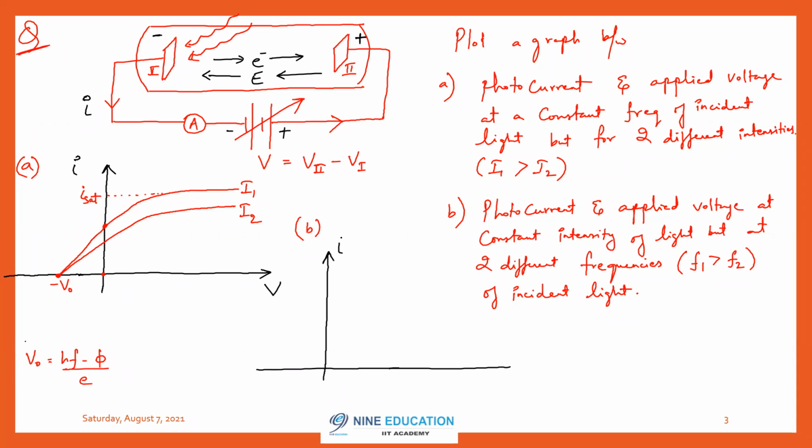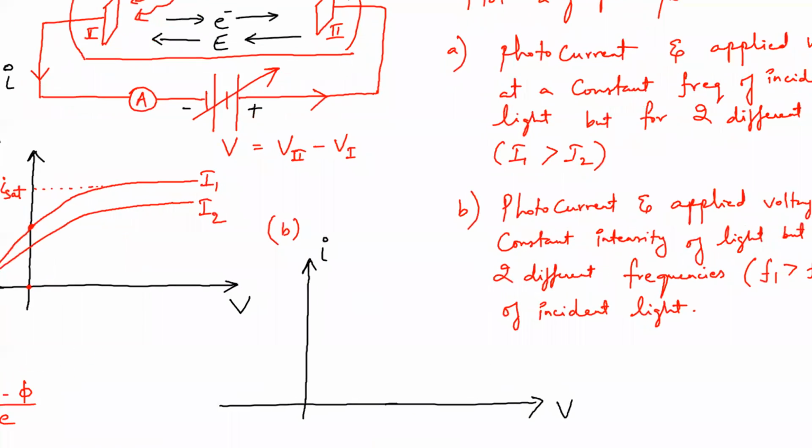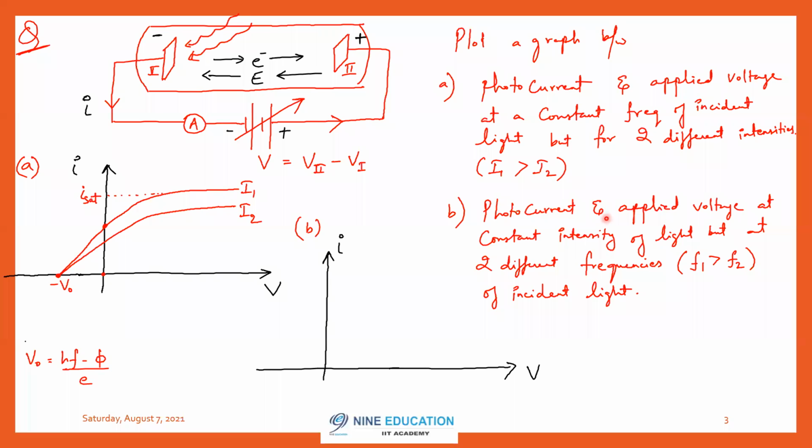Yes, this is photocurrent I and this is applied voltage V. Now you want to plot photocurrent versus applied voltage at constant intensity of light, but at two different frequencies. Two different frequencies and two stopping potentials will be there. Agree or not? Because look at stopping potential expression.